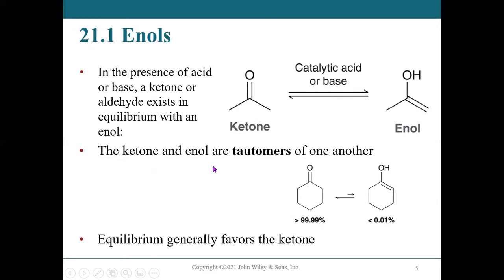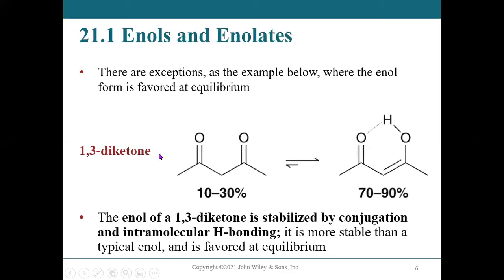The ketone and enol are tautomers of one another. In this example, cyclohexanone, 99% of the compound at room temperature is the ketone, and only a small percent is enol. Usually, the equilibrium favors the ketone. There are exceptions, as in the example below.